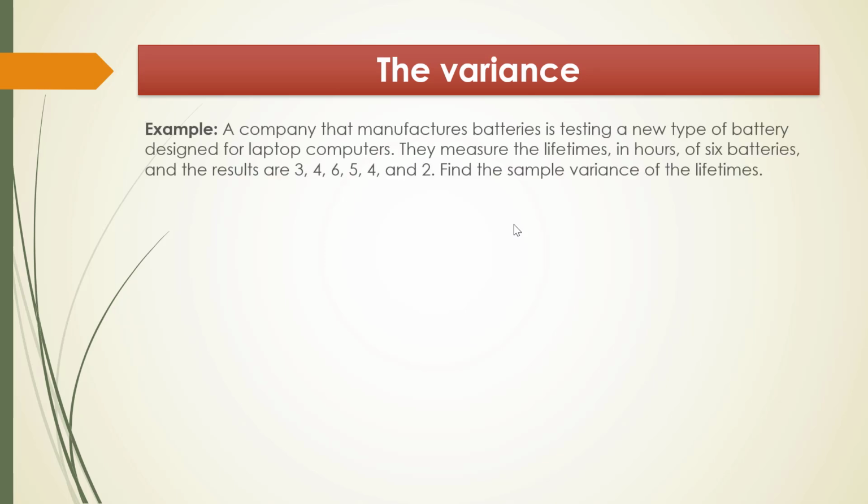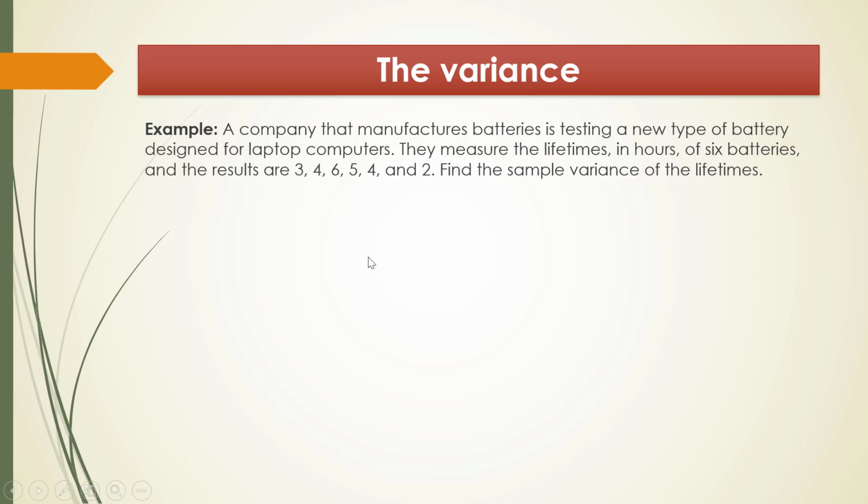For example, a company that manufactures batteries is testing a new type of battery designed for laptop computers. They measure the lifetimes in hours of 6 batteries, and the results are 3, 4, 6, 5, 4, and 2. Find the sample variance of the lifetimes. Here, the question doesn't mention whether this is a population or a sample.